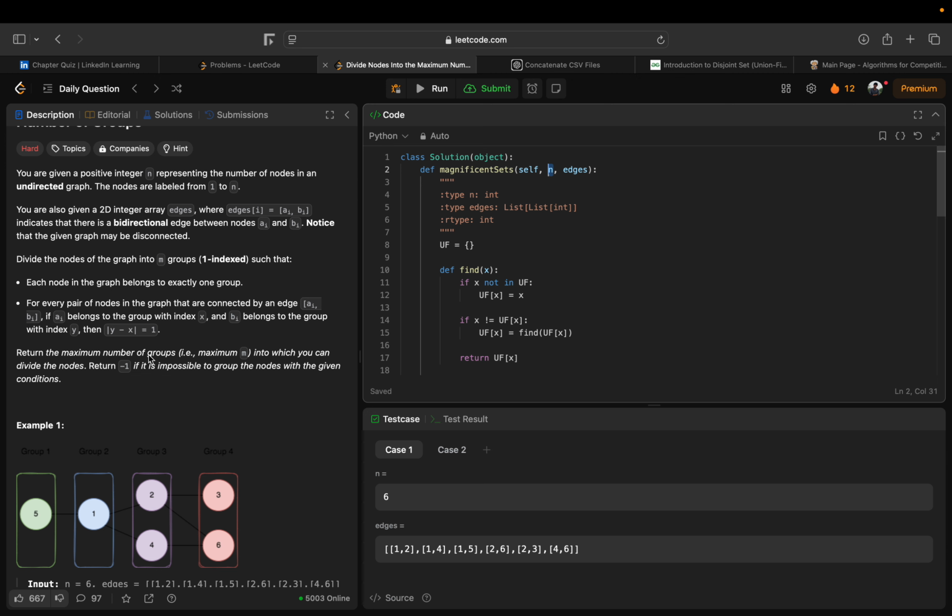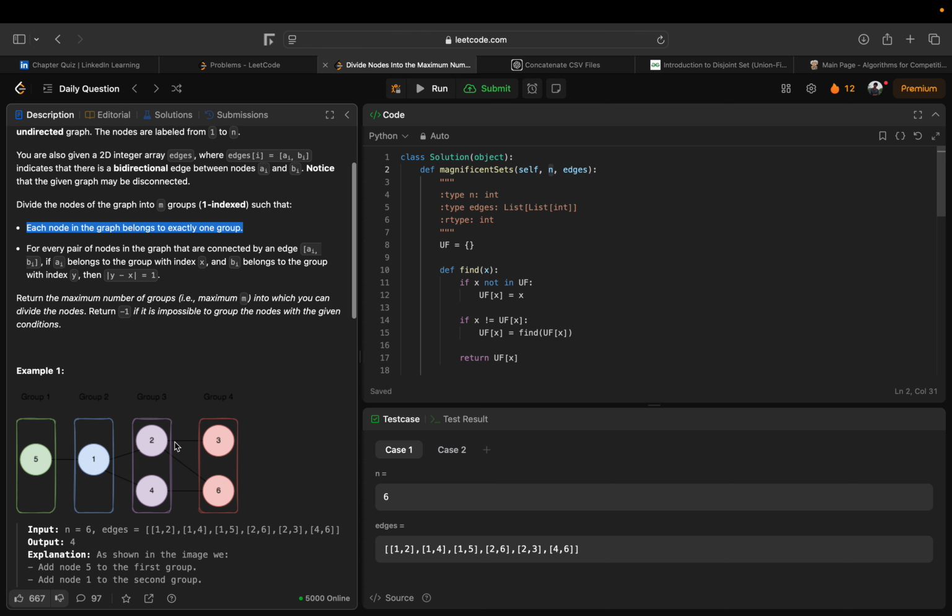Now we have to divide the graph into m groups such that each node in the graph belongs to exactly one group. That means in this graph, each node should belong to only one group. And for every pair of nodes connected by an edge, if A belongs to the group with index x and B belongs to the group with index y, then y minus x is equal to 1.